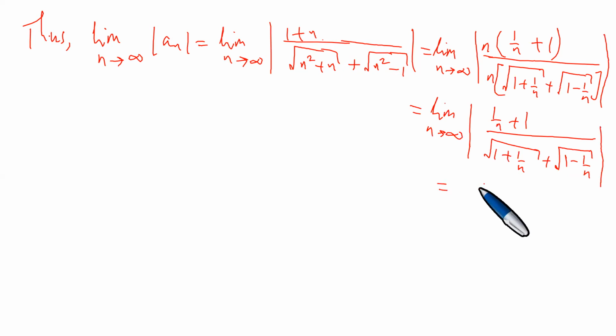As n approaches infinity, this one is 1 plus 0, and 1 plus 1 is 1/2, which is not 0.